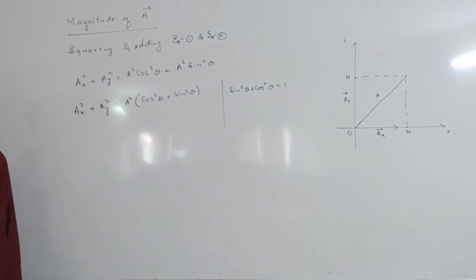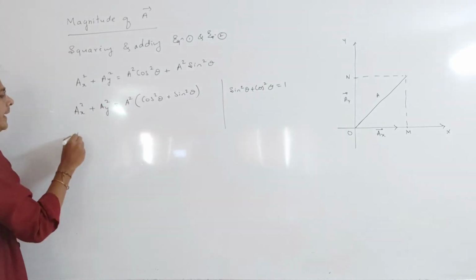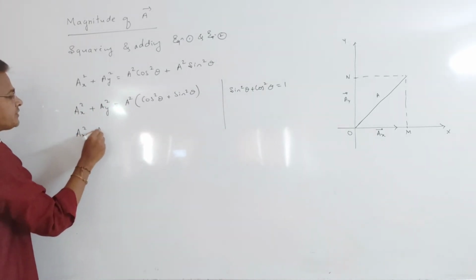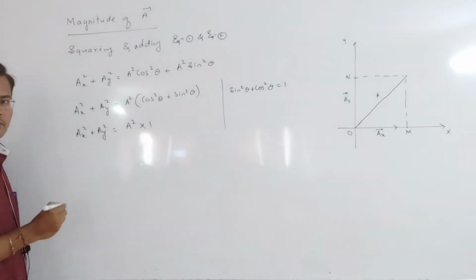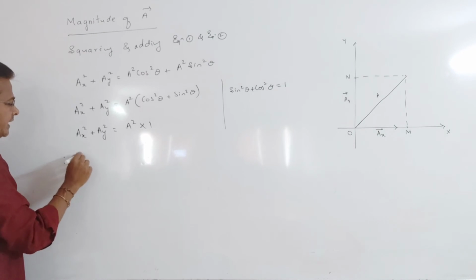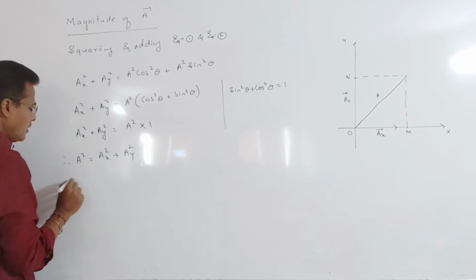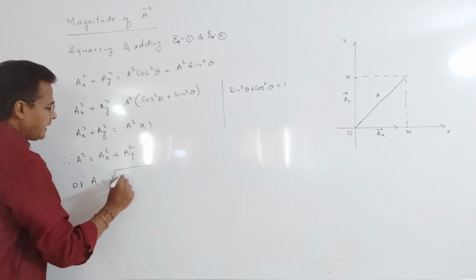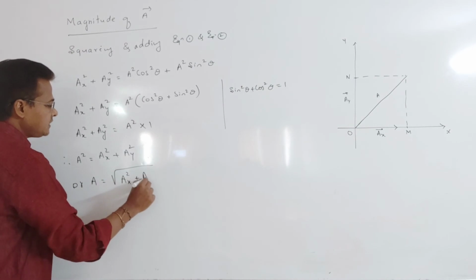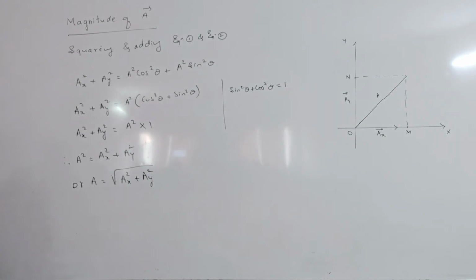So AX square plus AY square equals A square into 1. Therefore A square equals AX square plus AY square, or A equals the square root of AX square plus AY square. This much I explained yesterday.